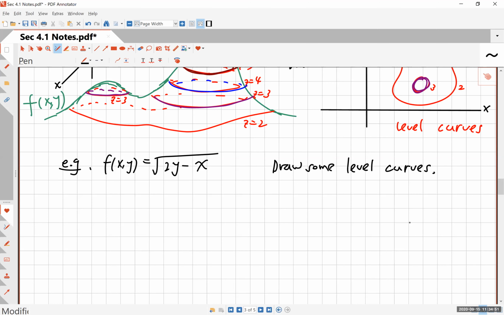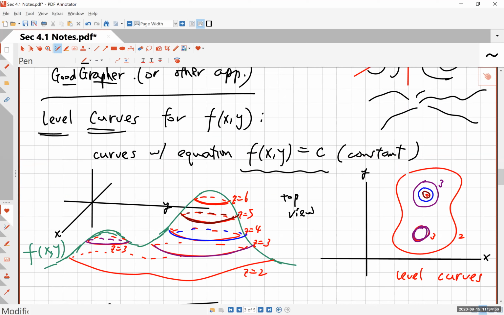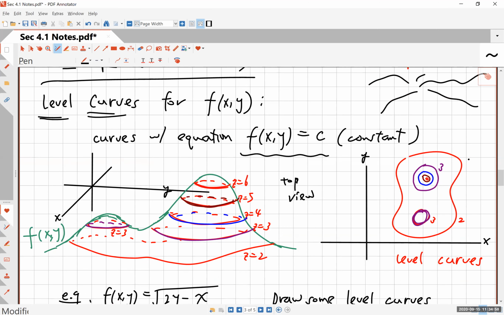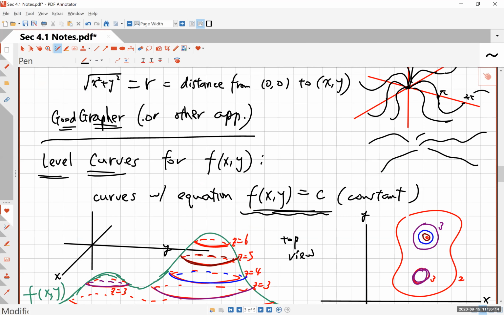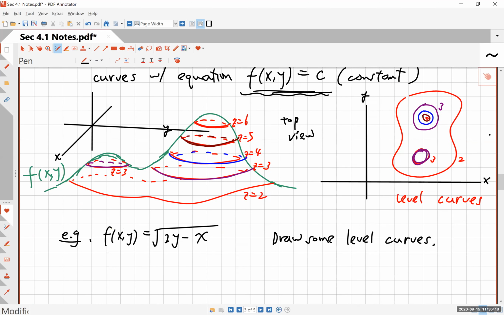By the way, if you use a 3D graphing app, you can graph this, and you can also graph on the same screen the constant graphs, like z equal to 5 or 4 or 0 or -5. Then you will see both surfaces on the same screen, and you will see the intersection curves, and these are the level curves.